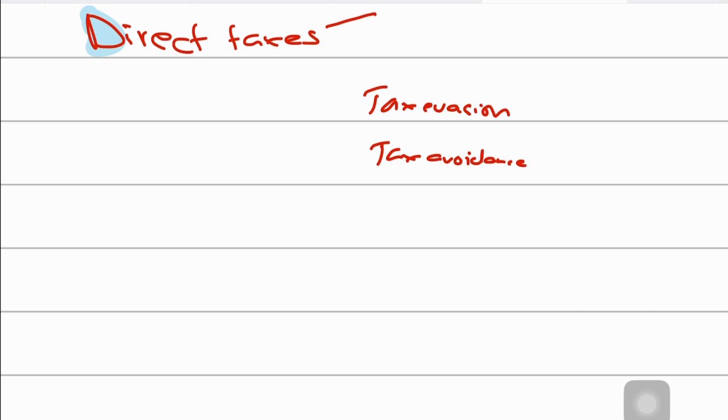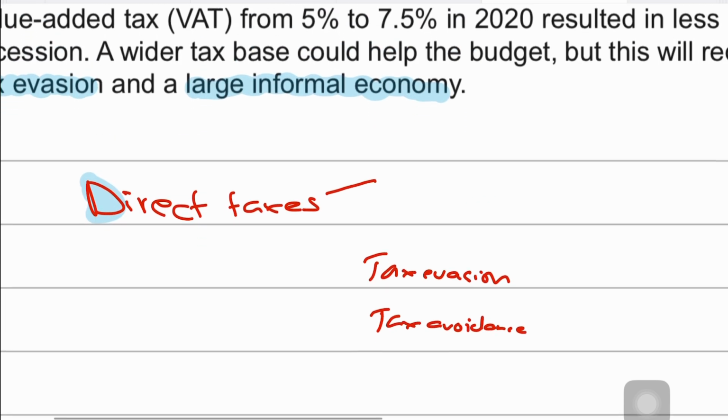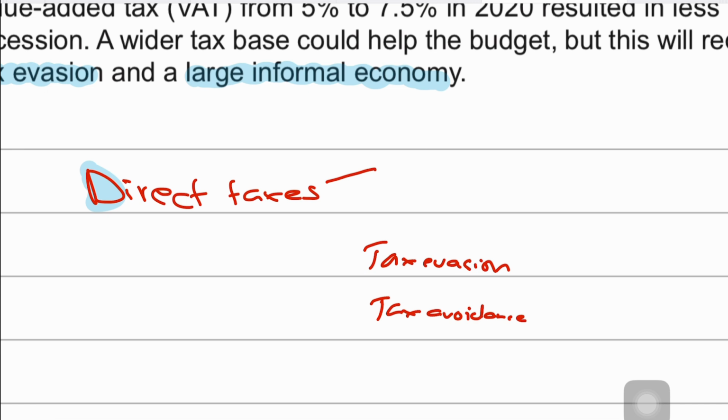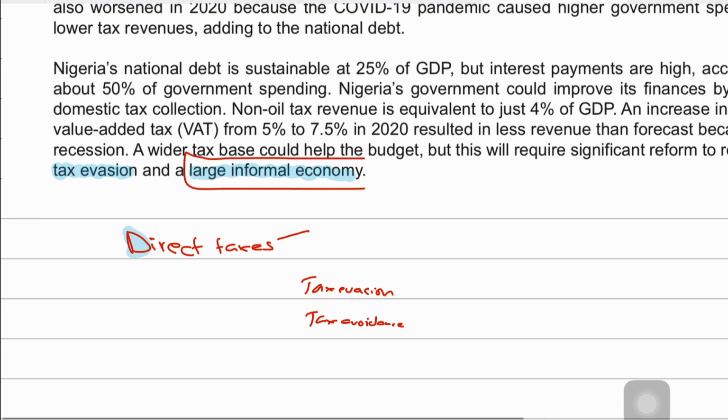Also, the problem is that you have a large informal economy, which is the problem with Nigeria. An informal economy is an undocumented or shadow economy.